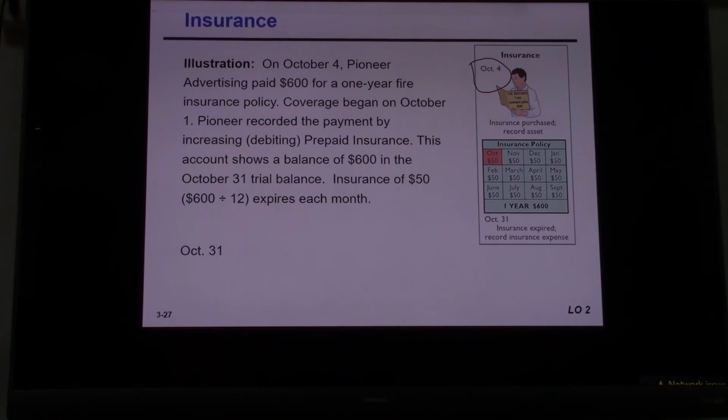Can we recognize insurance expense? No, we cannot recognize insurance expense on October 4 because this insurance has not expired. It is an asset from which we will benefit in the future. So on the debit side, on October 4, we have prepaid insurance. Since you paid in cash, cash will decrease and will be on the credit side.